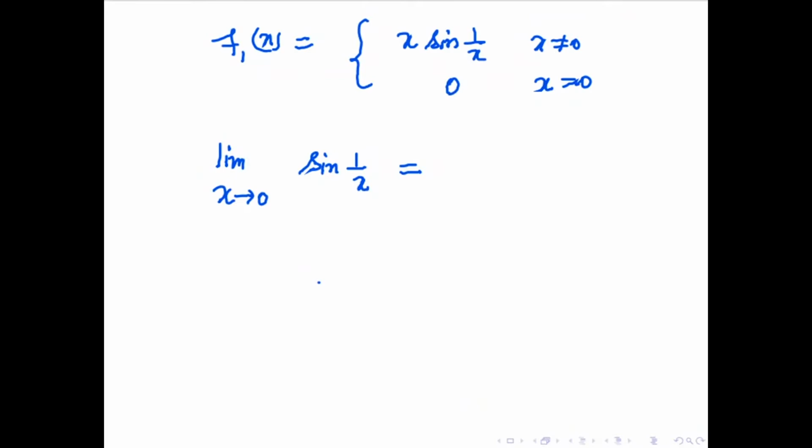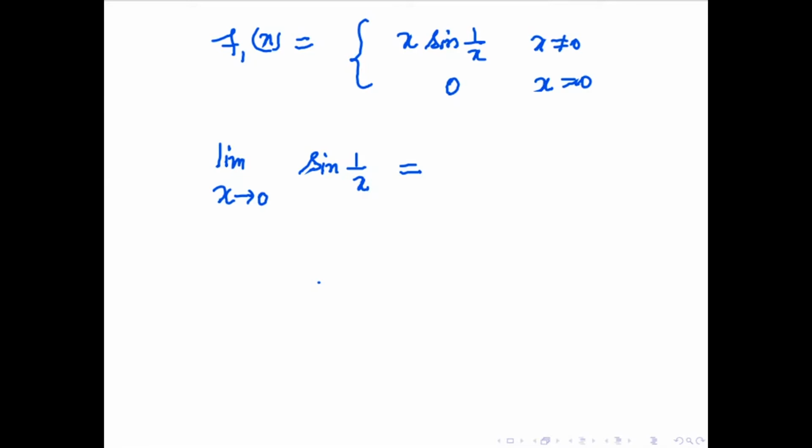My question is how to show that this limit of sine 1 by x doesn't exist. It is an oscillatory function. Yeah, these are oscillatory functions. Suppose in the exam you write doesn't exist, then what is your logic or conclusion? Why are you saying it will not exist?